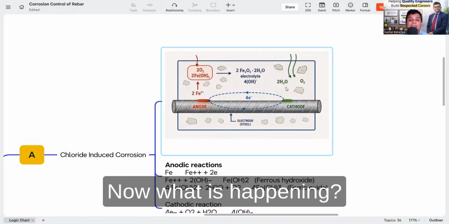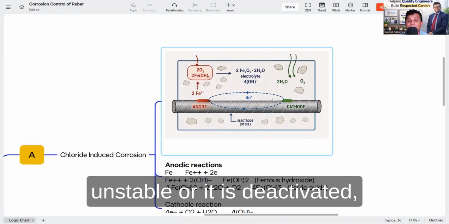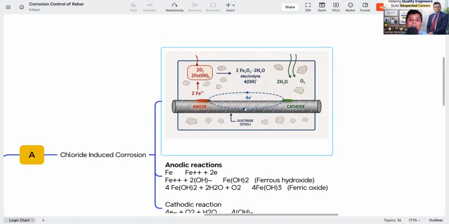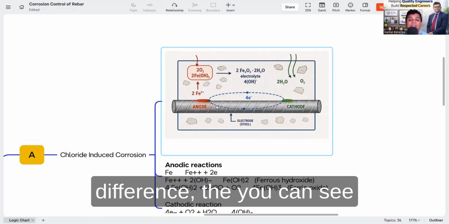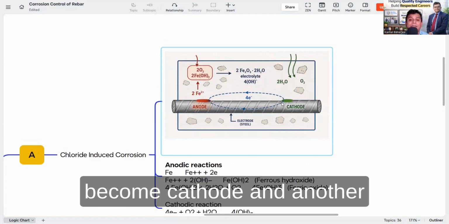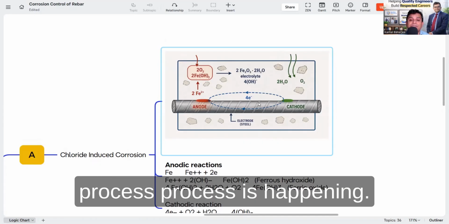Now if this layer becomes unstable or deactivated, this is an electrochemical process. Due to the potential difference, you can see here, one part of the rebar becomes cathode and another part of the rebar becomes anode.